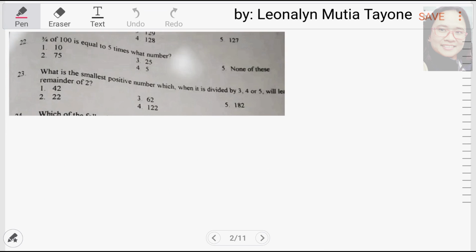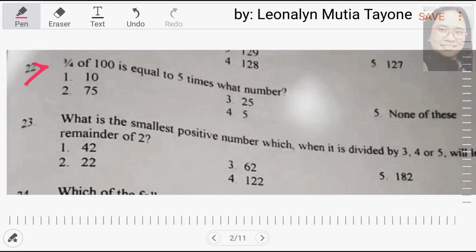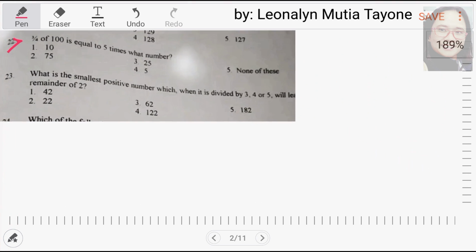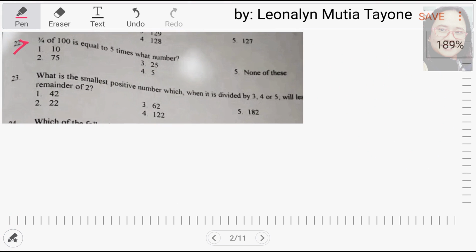Next. Ano to? 3/4 yata to. So, obviously, it is 3/4 of 100. 3/4 of is multiplication yan siya. 3/4 of 100 is equals to 5 times of what number?